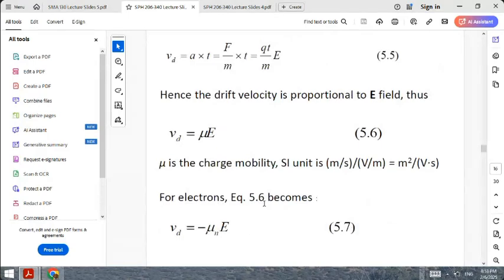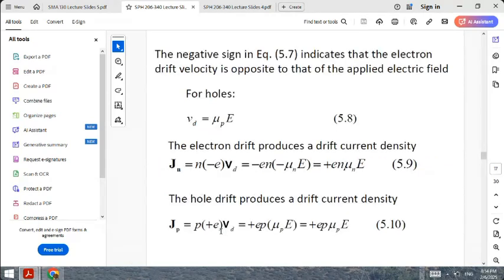In equation 5.7 or 5.6 we have the value of v, so I can put the value of v into 5.4. Therefore, we get this equation.